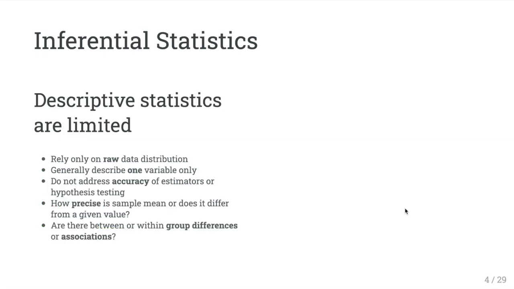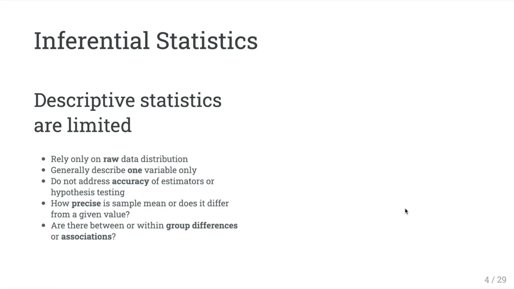Now, the whole reason why we're going into hypothesis testing is we want to be able to use what are called inferential statistics. The reason why descriptive statistics, all the stuff we've talked about so far, they're limited. They rely only on raw data. They generally describe one variable only, maybe a couple. They don't address accuracy of estimators.